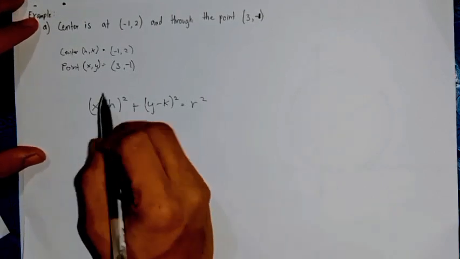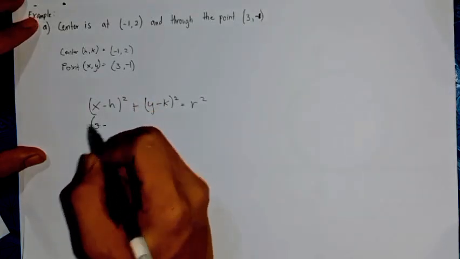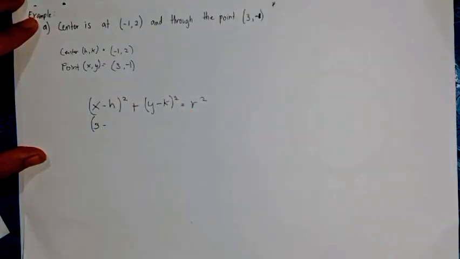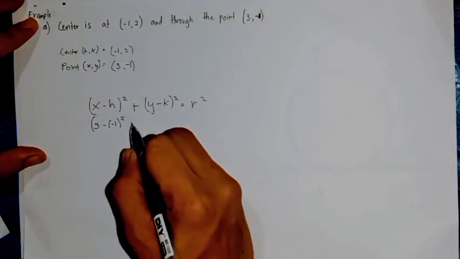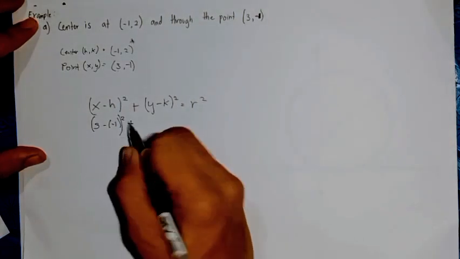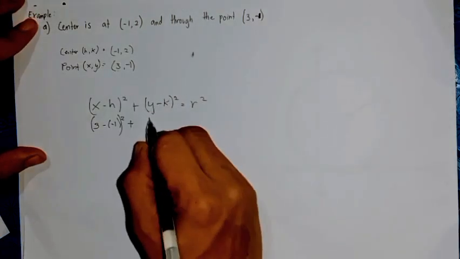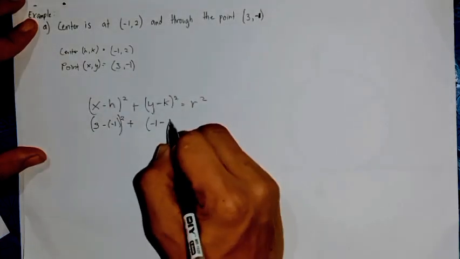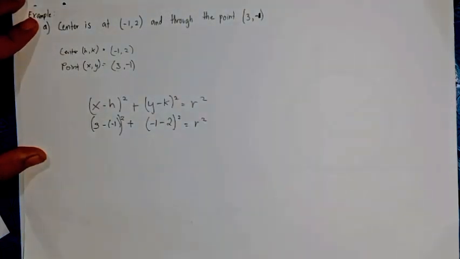Our x is 3 minus our h, which is -1, squared, plus our y, which is -1, minus our k, which is 2, squared, is equal to r squared.